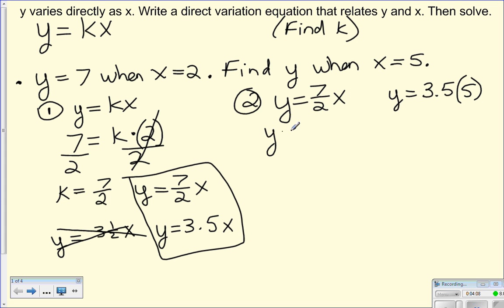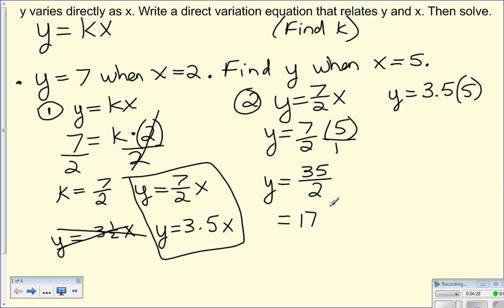So this would be y equals 7 halves times 5. Now if you remember, this is a fraction, this is a whole number. We need to write this over 1, and so y equals 35 halves. Now at this point, it's okay to write this as a mixed number. This would be 17.5.